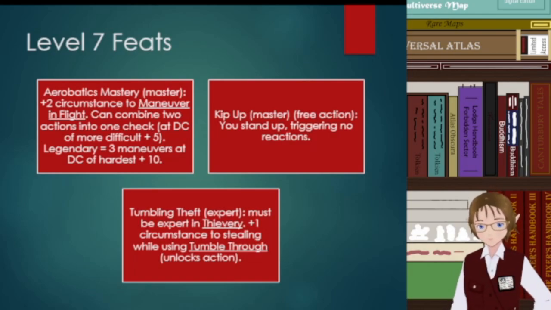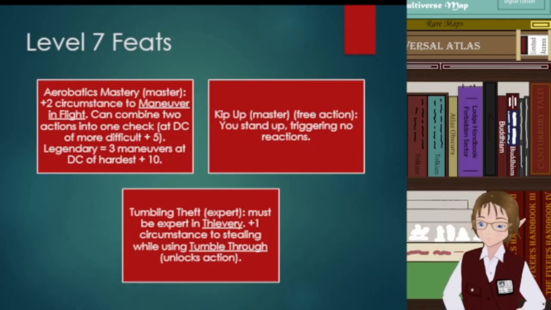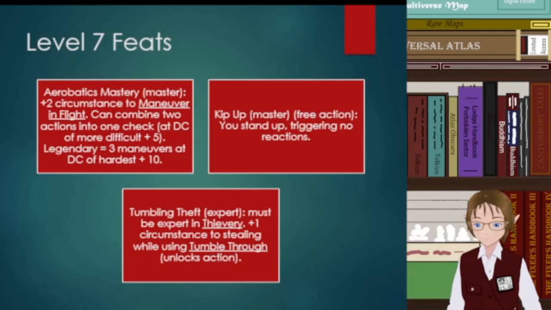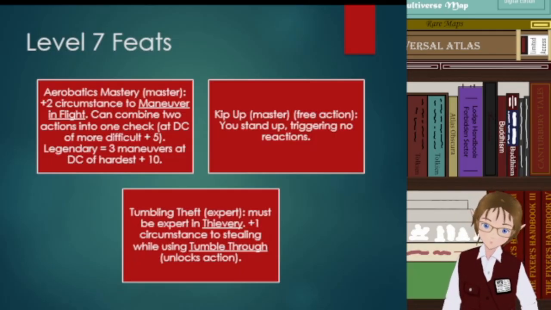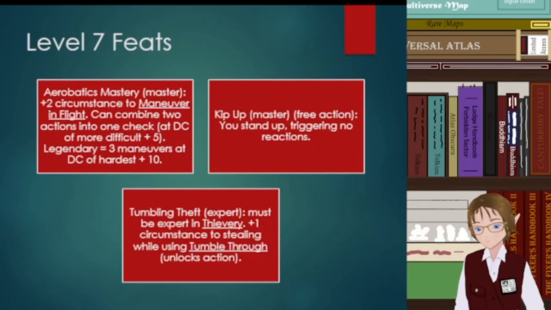This is usually a small item, although the rule says the GM is the ultimate decider of what you can nab. Generally, it's light or negligible bulk, so you might be able to take a potion off their belt or a key out of their pocket. This feat also gives you a +1 circumstance bonus to doing this. So when you roll through, they're distracted, and you have a higher chance of grabbing the item.